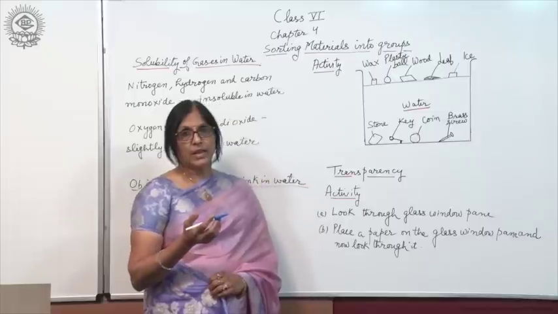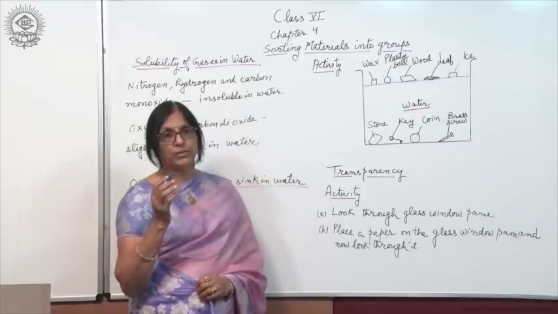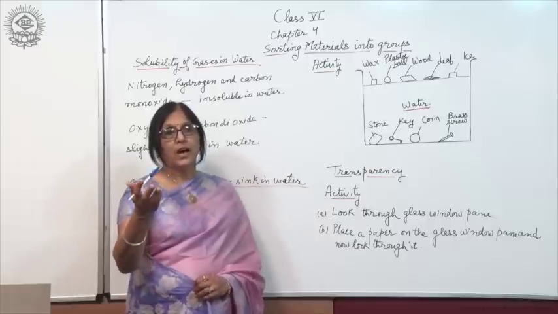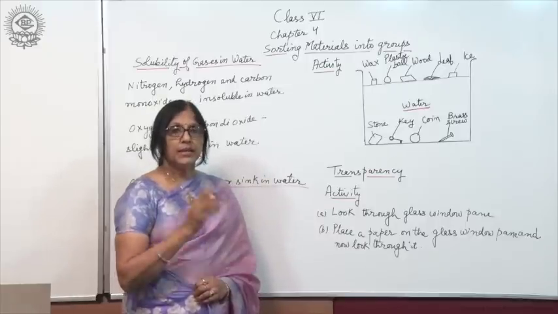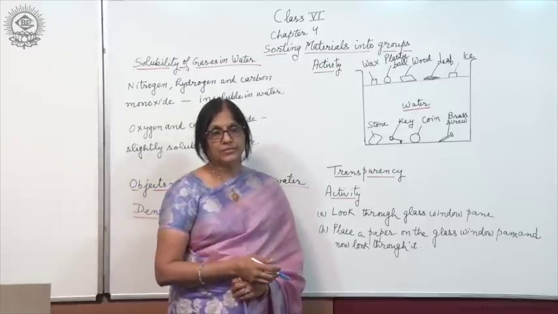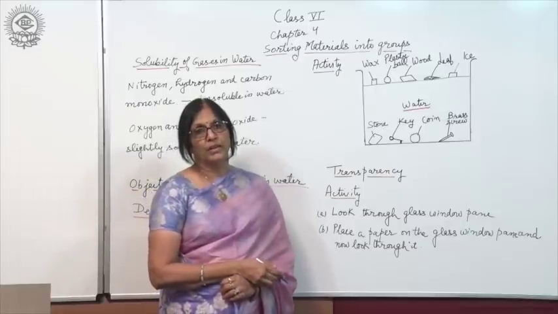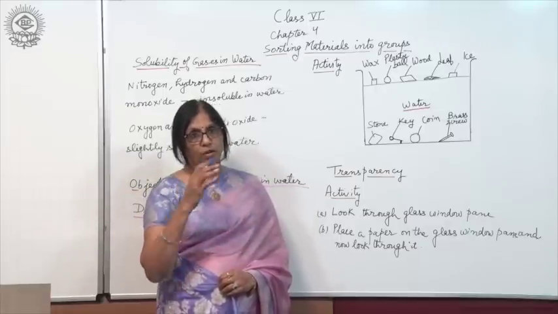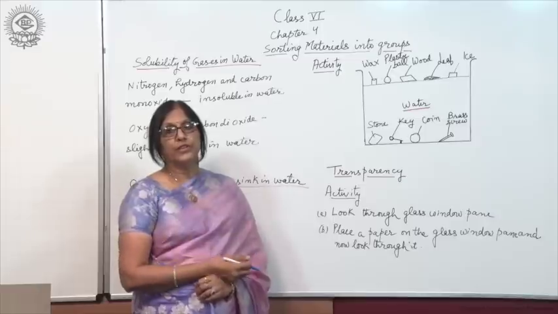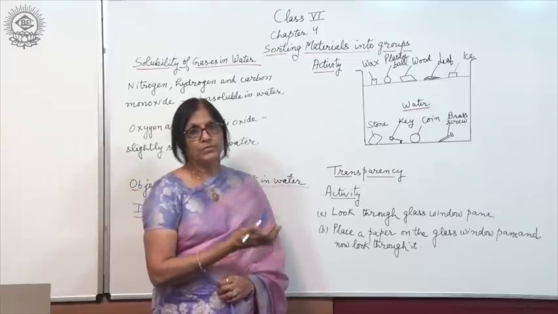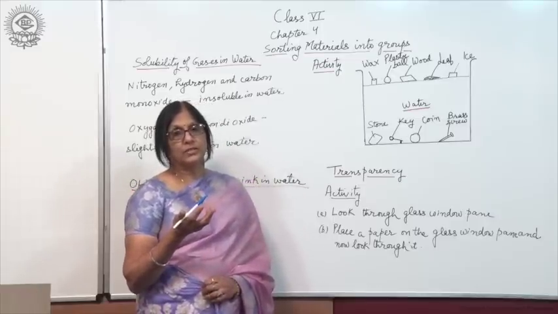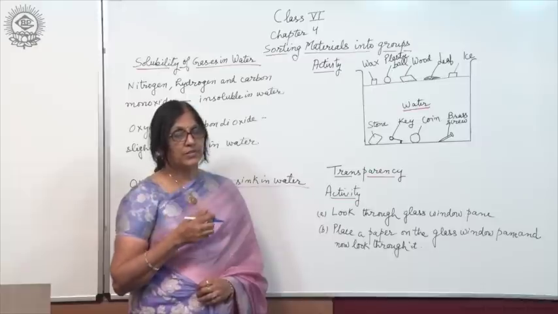Of course, there are some glasses through which you cannot see outside, or sometimes you can see outside and the outsider cannot see inside, but here we are talking about simple glass. If you look through this glass window pane, you can see clearly all the things outside the drawing room. It means that the glass window pane is transparent.